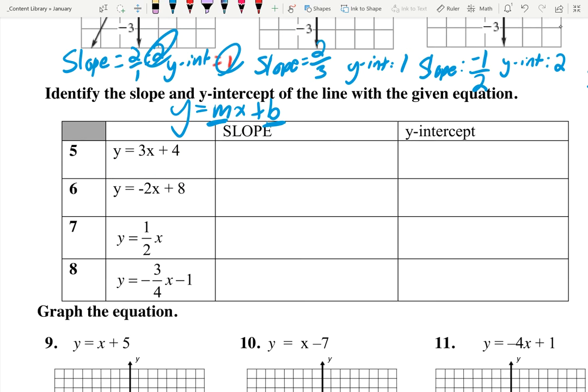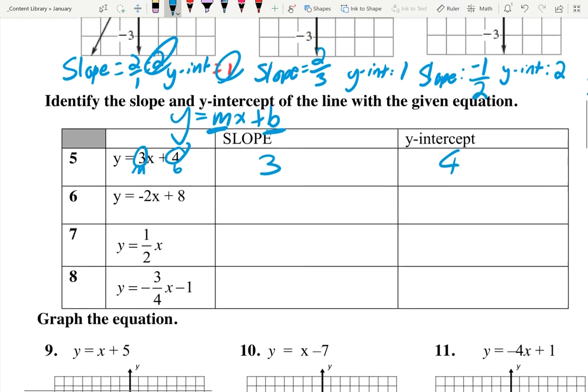But you're going to be looking at real equations like this one, and having to remember that m is the number that goes next to x, the coefficient for x, that's the 3, and then the b is the constant that's being added or subtracted at the end. So identifying m as 3 and the b as 4, this tells me that the slope is 3 and my y-intercept is 4, which is good.